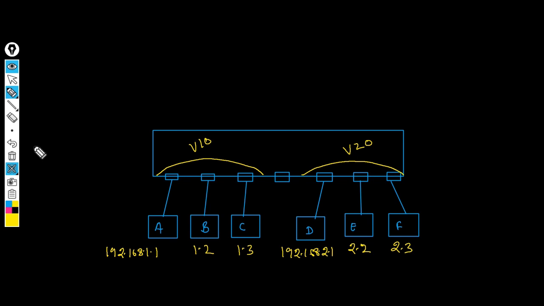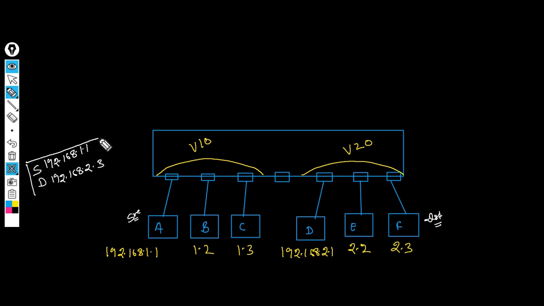Now the concern is that we want communication from PCs in one VLAN to PCs in another VLAN. Say for example, my source PC A wants to communicate with PC F, which is my destination. So the source will be 192.168.1.1, and the destination will be 192.168.2.3.